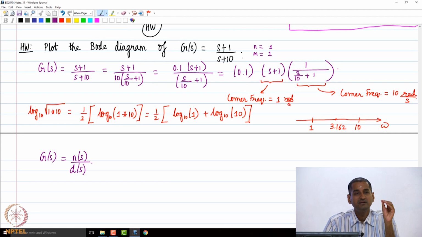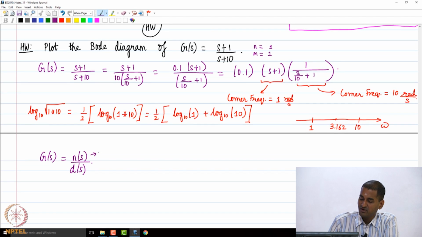If you recall, for a minimum phase transfer function, what is in general the slope of the high frequency asymptote? Do you recall our discussion? Slope of the magnitude curve.